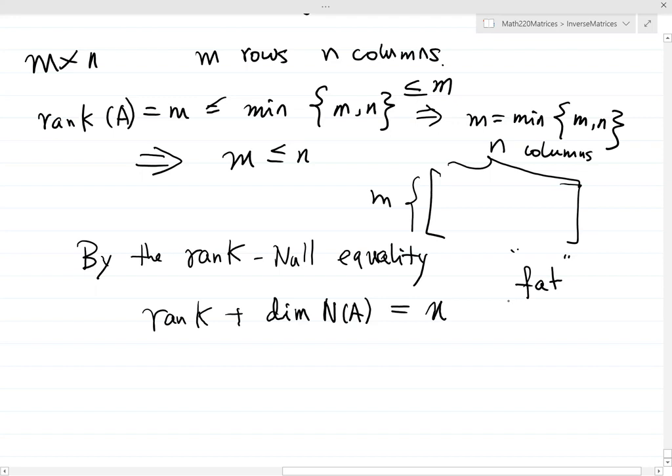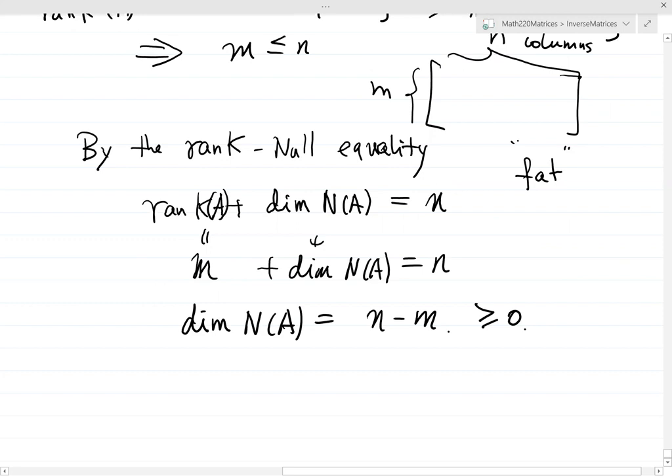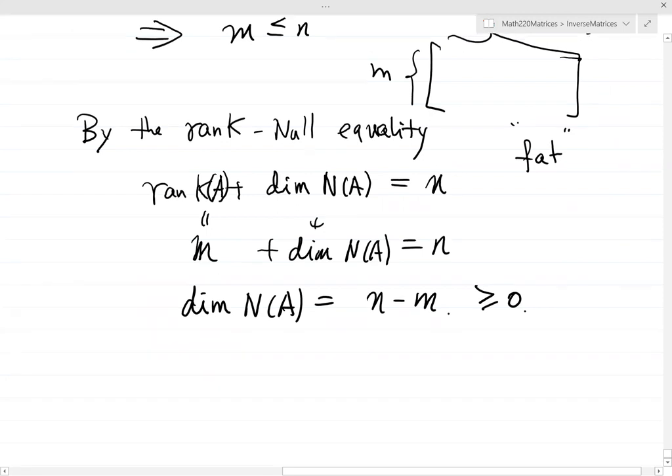In this case the rank of A equals m, so the dimension of the null space is n minus m, which is greater than or equal to 0.